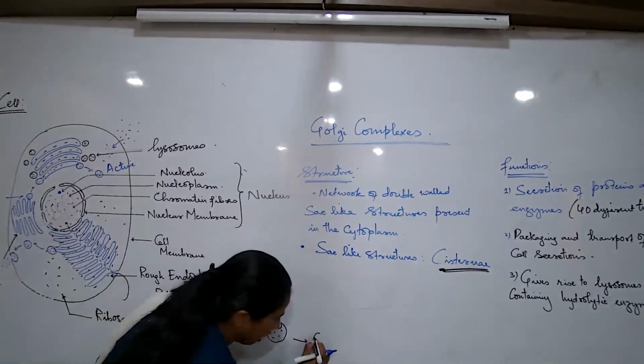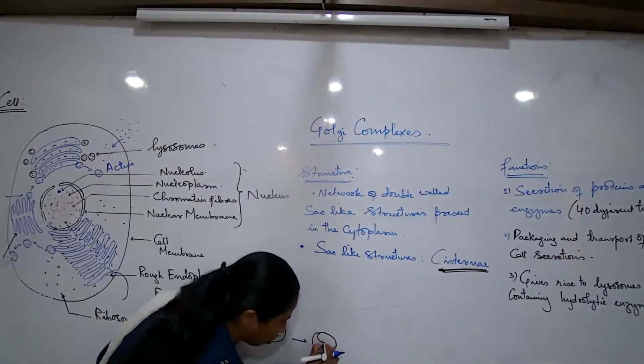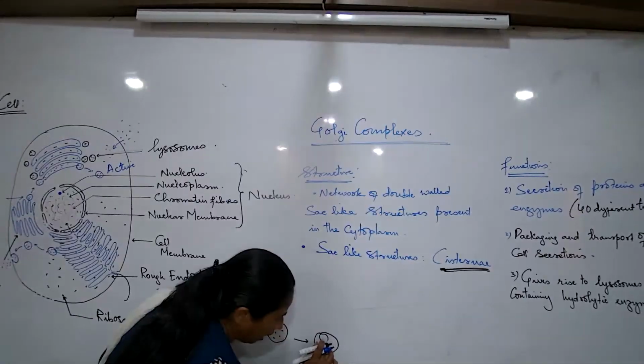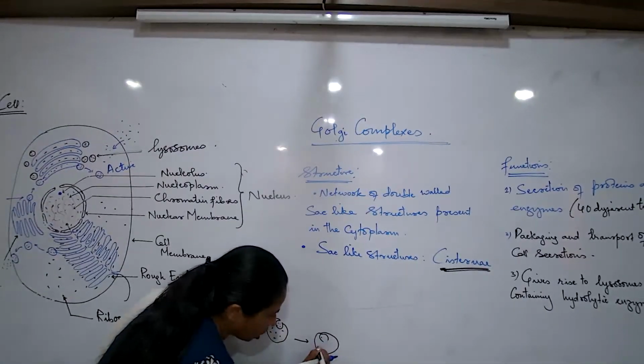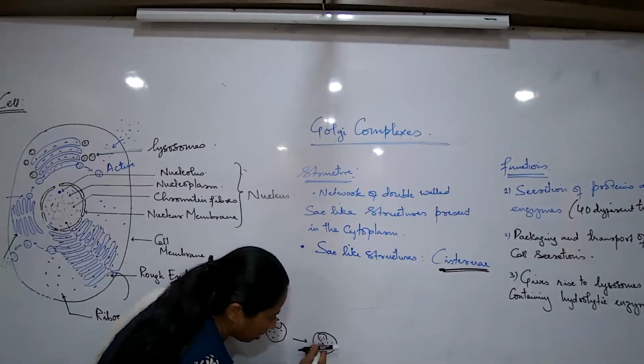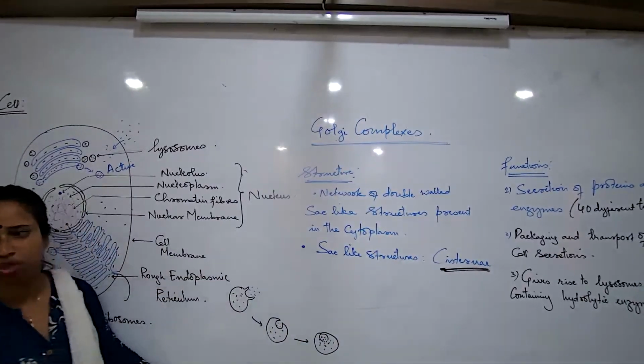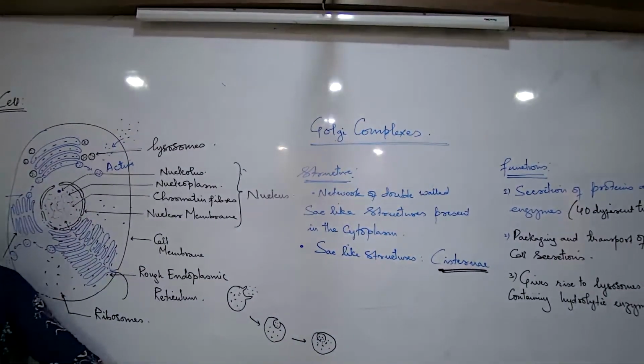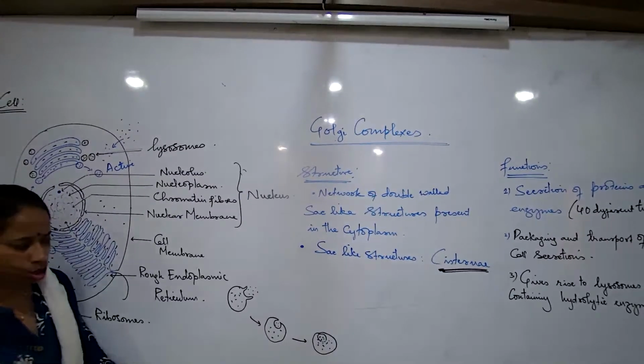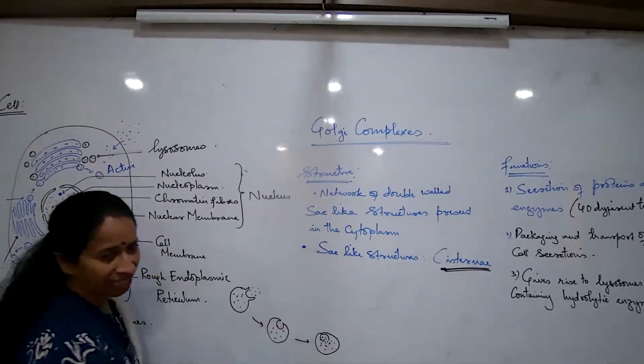Ultimately, with the help of the digestive enzymes, the digestive enzymes and the microbes come in contact, and the microbes and the digestive enzymes all will be destroyed. So this is almost behaving like an amoeba.